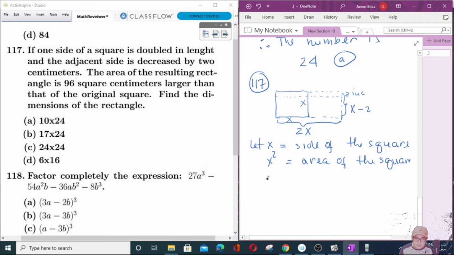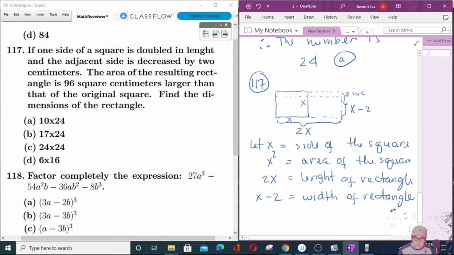Then 2x is the length after the doubling of the side of the square. This becomes the length of the rectangle, and then x minus 2 will be the width of the rectangle.